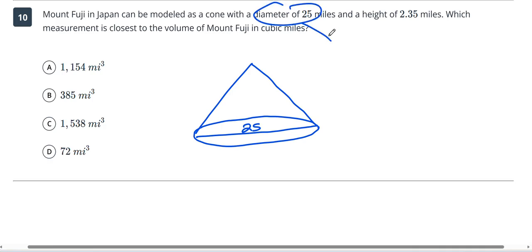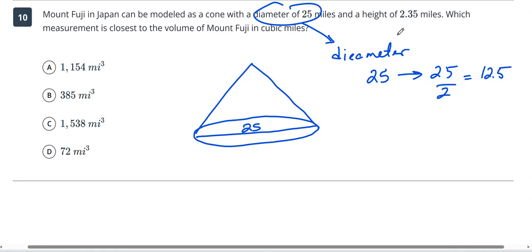So if you use a diameter of 25, you're wrong. All right, spell it like this, diameter. The reason you don't use that one is because the diameter is never used. You come out here and use half of it to make your radius. Divided by 2, that's going to be 12.5. Height of 2.35 miles.